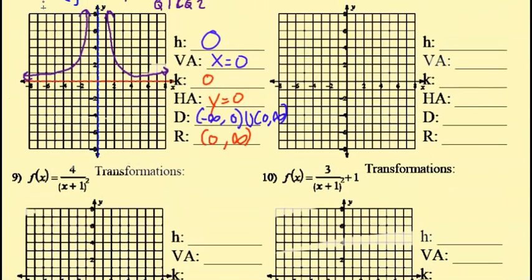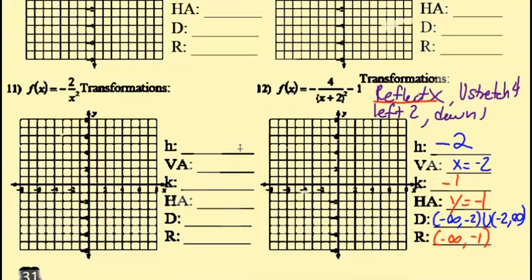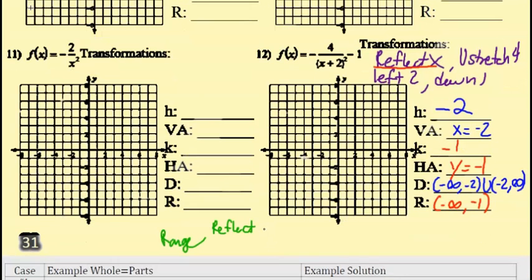So when there's no reflection, it's from k to infinity. When there is a reflection, it's from negative infinity to k. So for the range, if there is a reflect, it's from negative infinity to k. And if there's no reflect, it's from k to infinity.